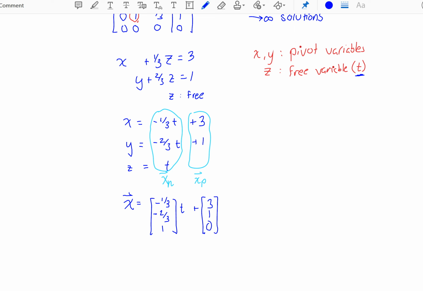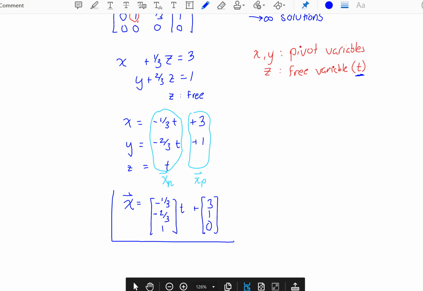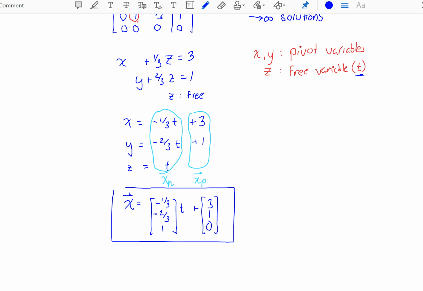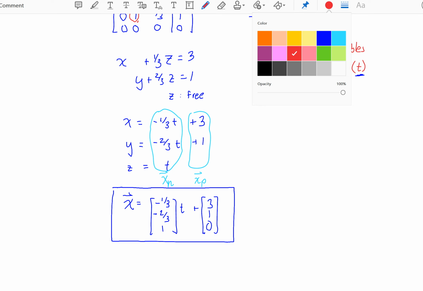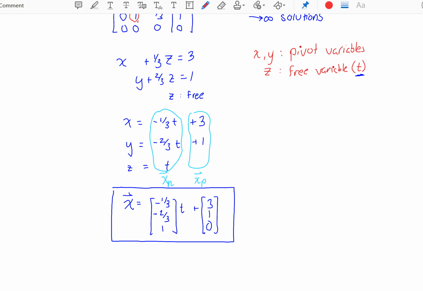This is what our general solution to this system of equations looks like. And again, I think it's important for us to acknowledge that when we write this, we do know that this is your homogeneous solution, and this is your particular solution to the non-homogeneous equation.